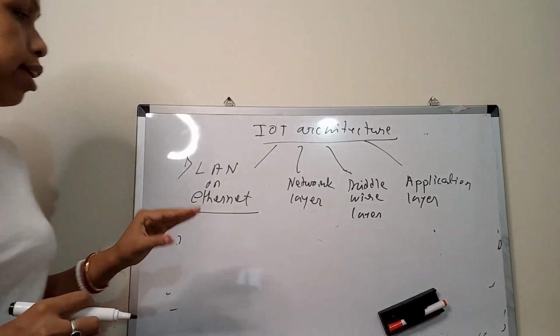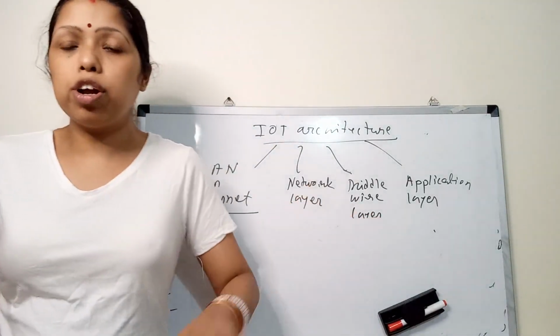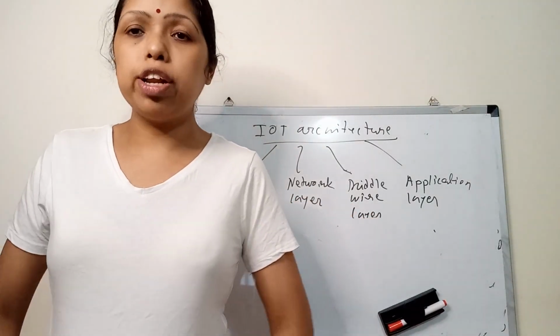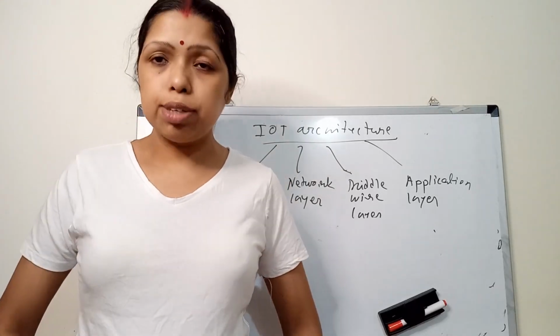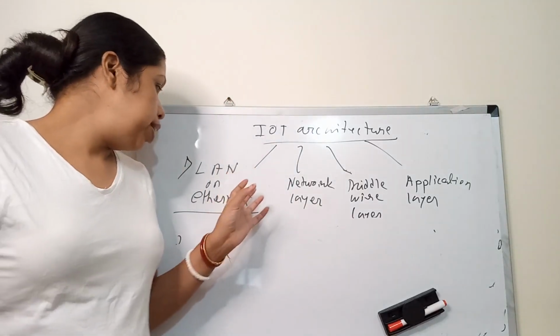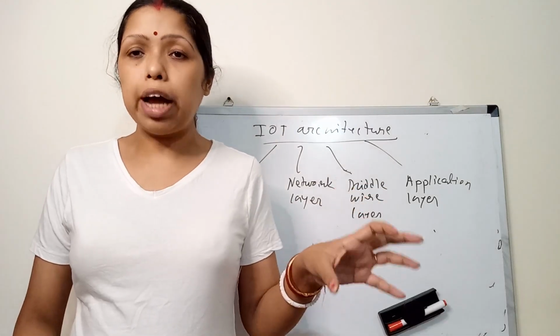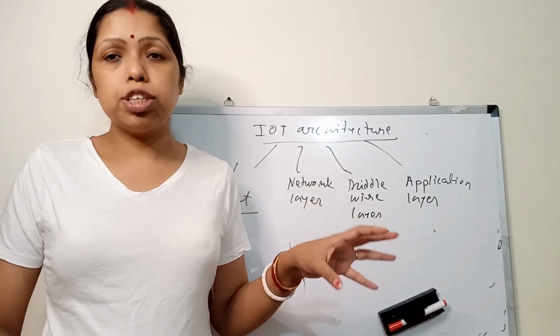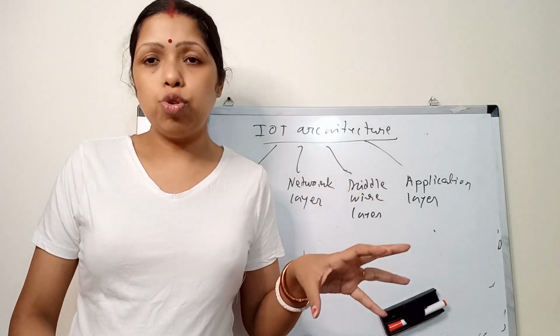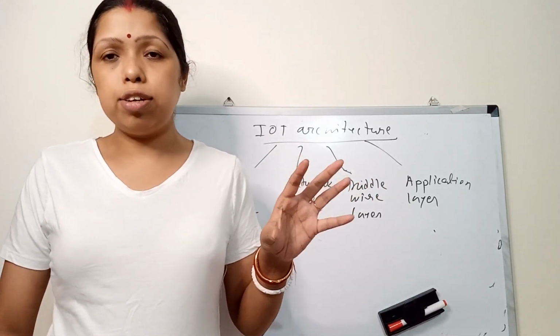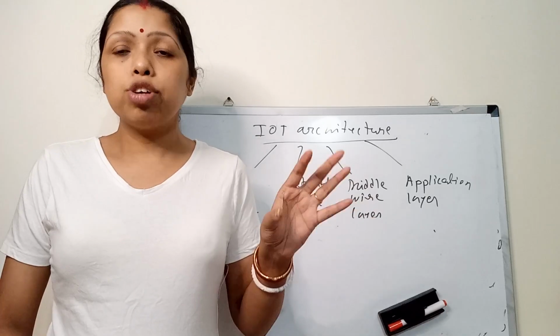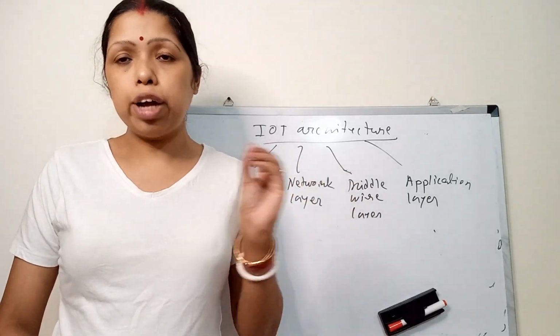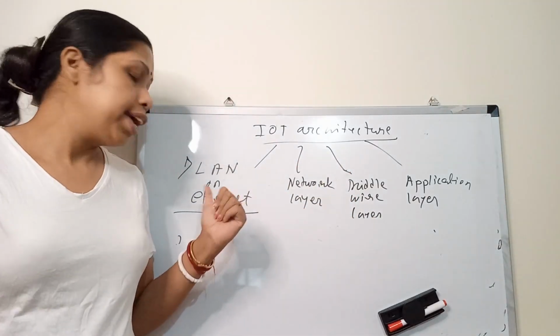Previously, LAN and Ethernet were used in various applications where you can use the network or connectivity. Normally Ethernet is used for fixed IoT devices like a video camera. If you want to capture some image or footage by using the video camera and transfer that data to the IoT processor, you can use Ethernet.